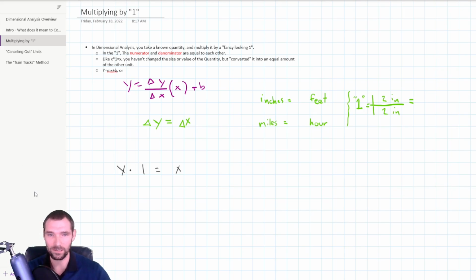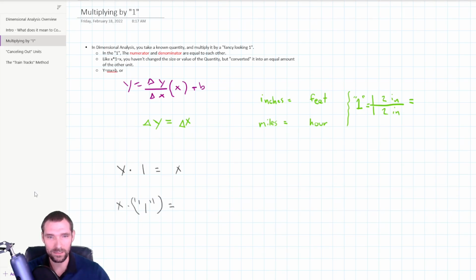So x is no longer that type of thing, but it's going to be equivalent to it in some way, shape, or form. So you can think about this as x times what I like to say is kind of like a 1, but it's written differently. So I put little quotation marks around it.